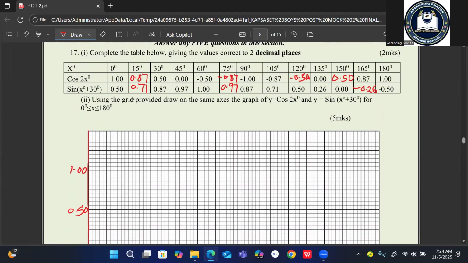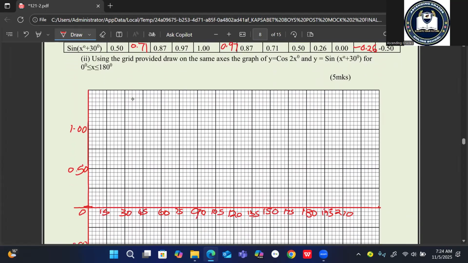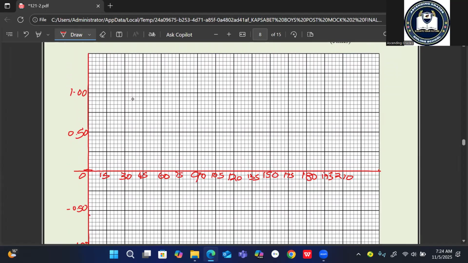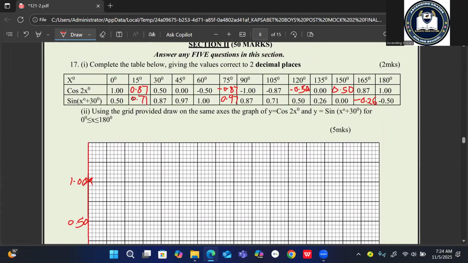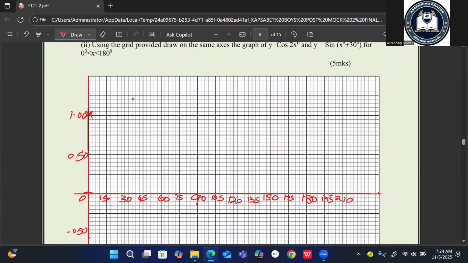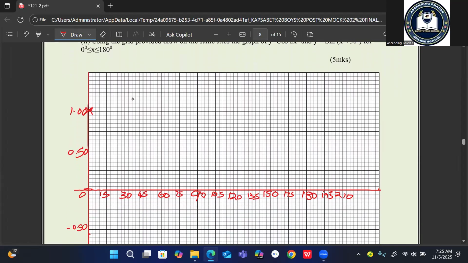We have to begin with the function y equals cos 2x. So we have 0, 1. We plot it there. The next one is 15, 0.87, which will be somewhere there because this one is 0.75.